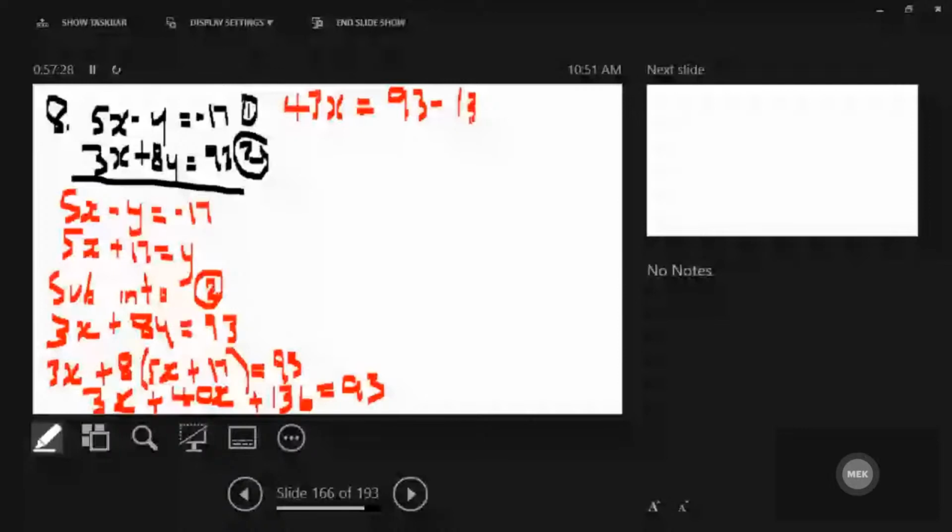So 93 minus 136, that's negative 43. So 43x is equal to negative 43. So x is negative 43 divided by 43, which is negative 1.